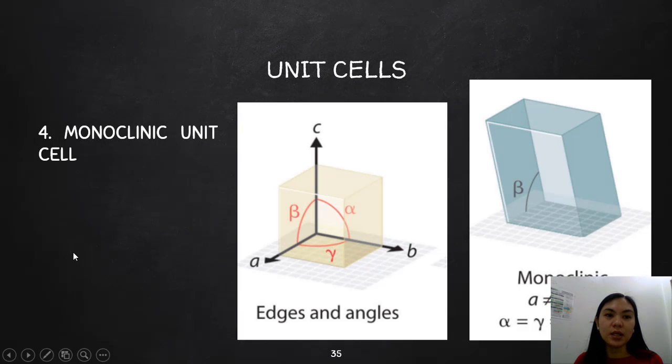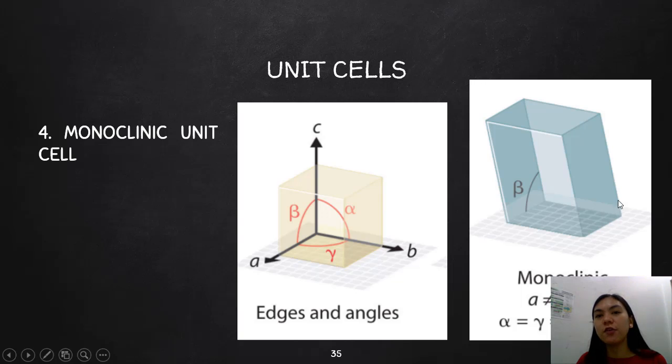The fourth one is called your monoclinic unit cell. So as you can see here, the sides are not equal. So your side A is not equal to your side B, and they are not both equal to your side C. So, a special case here is that although your angles alpha and gamma is equal to 90 degrees, your beta is not equal to 90 degrees.